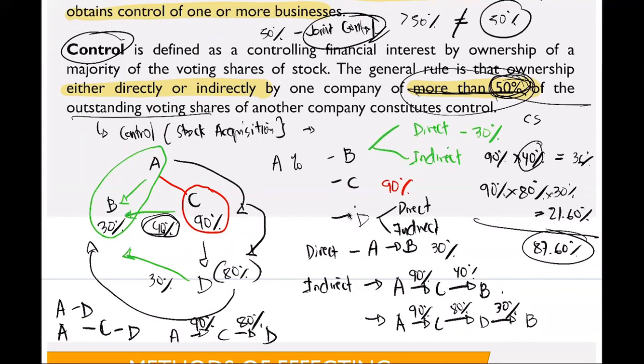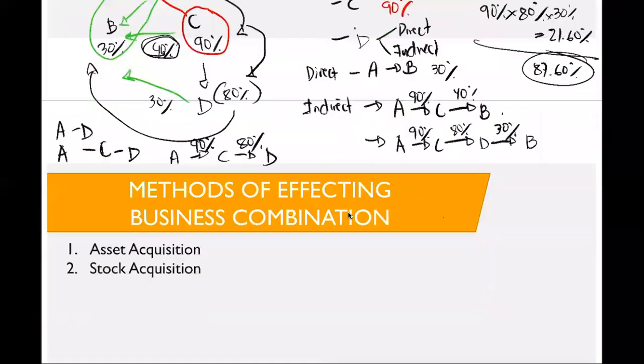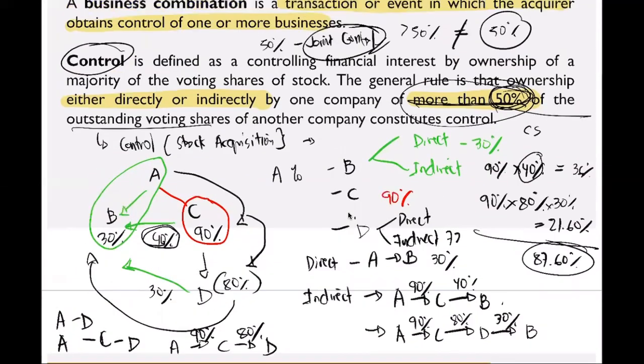So what is our indirect ownership over D? It is equal to 0.9 or 90% of 80%, which gives us 72%. So here, although there is no direct 50% ownership, if we compute, we can get more than 50%.